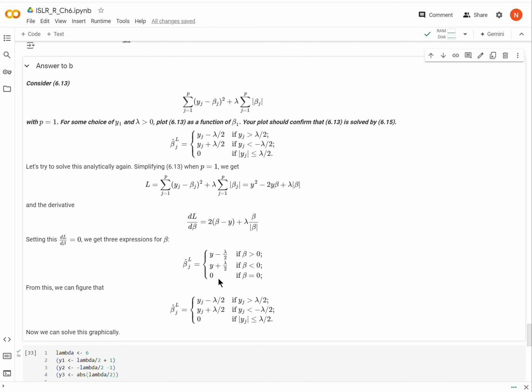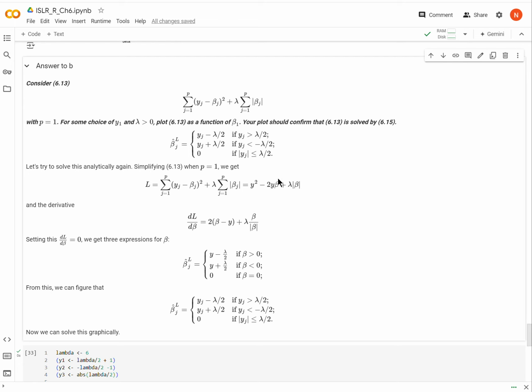And then this derivative is actually undefined when beta equals 0, but if we just use the rule that the sign of that is 0, then this thing simplifies to negative 2y, and we set negative 2y equal to 0, in which case y equals 0. So anyway, we can translate this into this, and this is exactly what we're given in the problem.